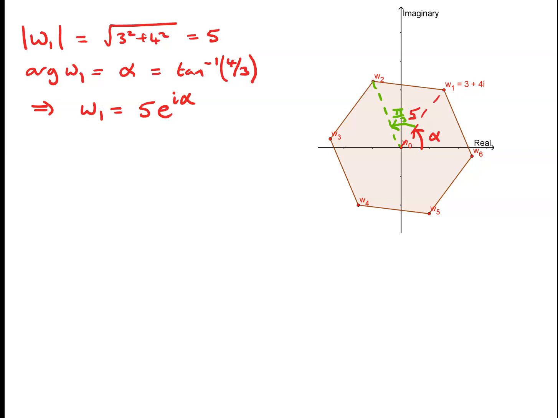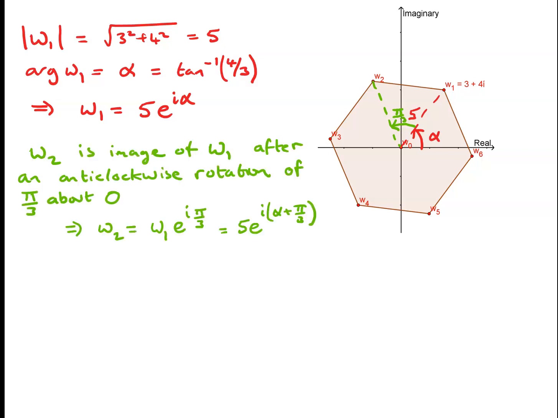In other words, for w2, we can say that w2 is the image of w1 after an anticlockwise rotation of pi by 3 about 0. So w2 is simply going to be w1 times e to the i pi by 3. So that is 5e to the i alpha times e to the i pi by 3. In other words, we've got 5e to the i times alpha plus pi by 3.